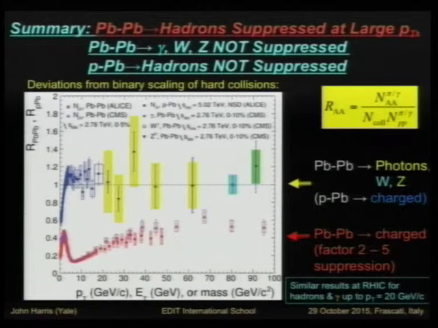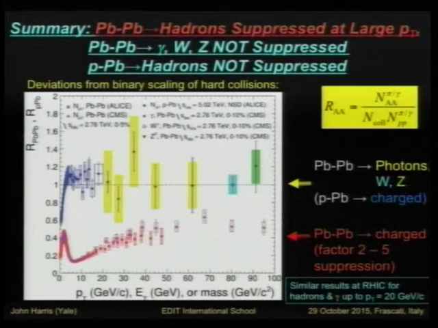And you see, and I'm going to ask you a question, so I hope you're following. You see that this RAA for lead, for photons, W's, and Z's is approximately equal to 1 as a function of transverse energy or momentum out to 100 GeV.